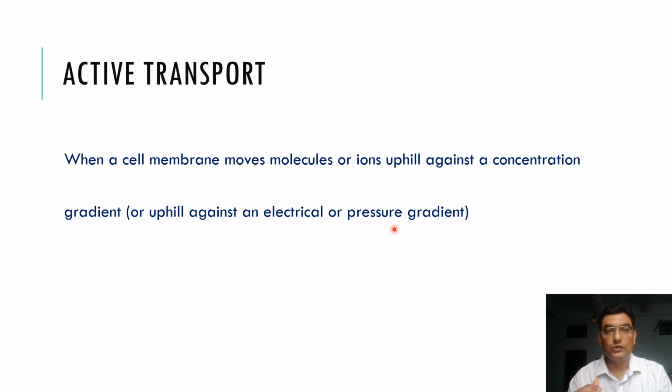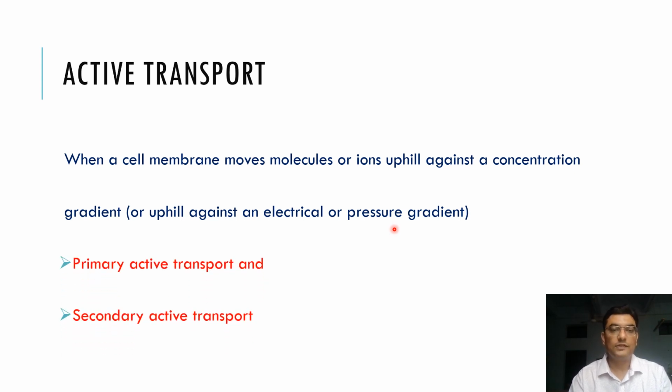That is why it is known as active transport. And there are two types of this active transport. First one is the primary active transport and second is secondary active transport. Both of these are differentiated on the basis of their source of energy. The primary active transport and secondary active transport both use different kinds of source of energy.